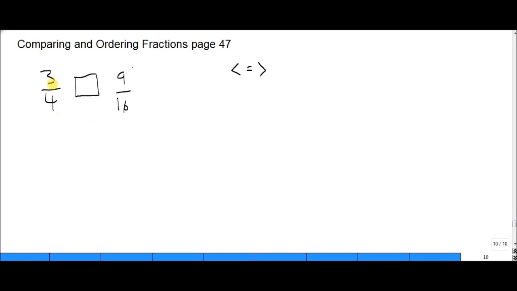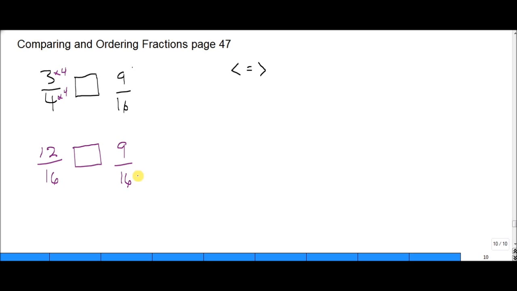We need to make this equivalent. That's what we do when we find common denominators. We make them equivalent. So if we multiply this by 4 and multiply this by 4, we now end up with what? 12 over 16 and 9 over 16.